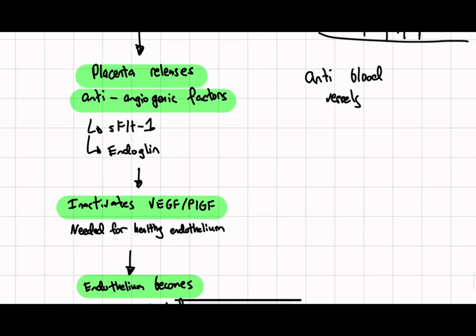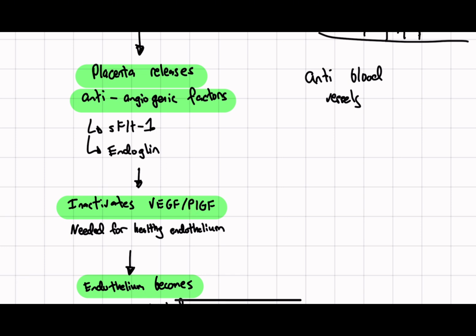But what these factors actually do is come in and start inactivating VEGF and PlGF. So I believe this is your vascular endothelial growth factor, and this is your placental growth factor.